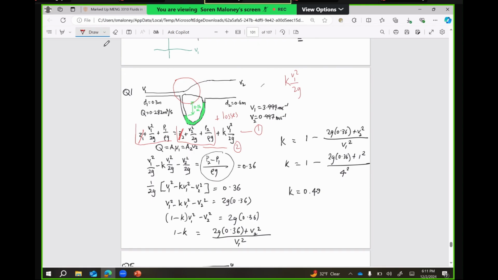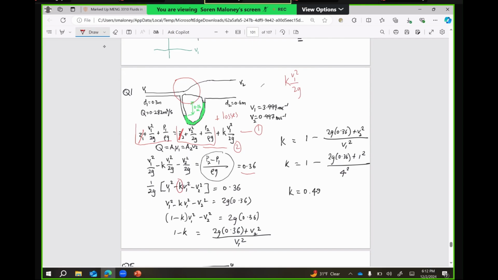We've been given P2 minus P1 on rho g. We've been told what that is, which is 0.36, right? So we rewrite the entire expression with P2 minus P1 on rho g, and we're solving for the value of K. That's all we're solving for.